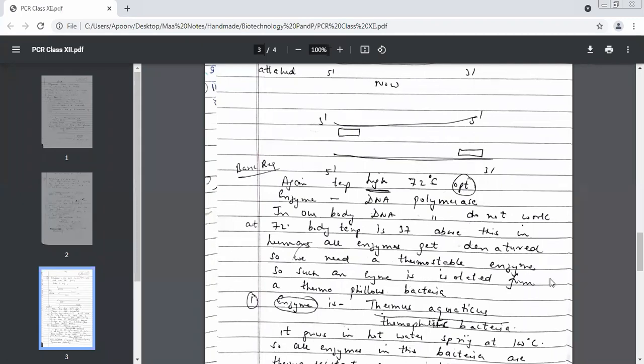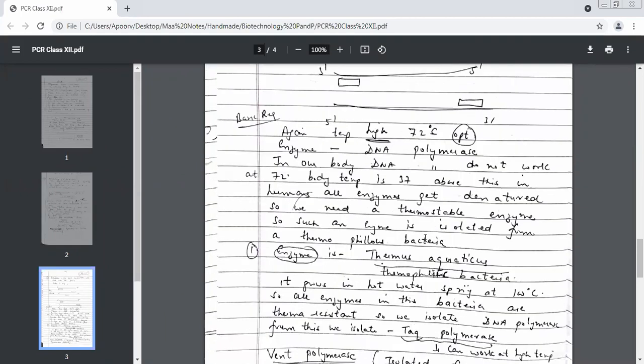We need a thermostable enzyme, which is isolated from thermophilic bacteria. Those bacteria which can tolerate extreme heat are known as thermophilic bacteria.